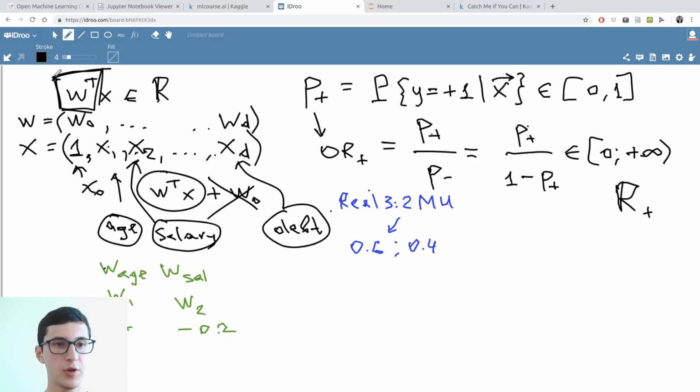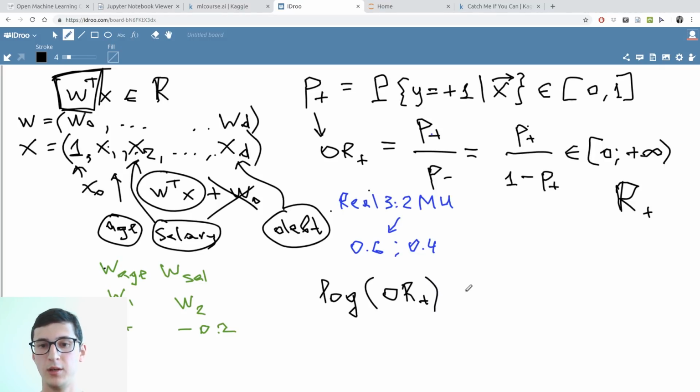Okay, and the last trick is to go from this odds ratio to its logarithm. Logarithm of this odds ratio now will be actually just a real number.